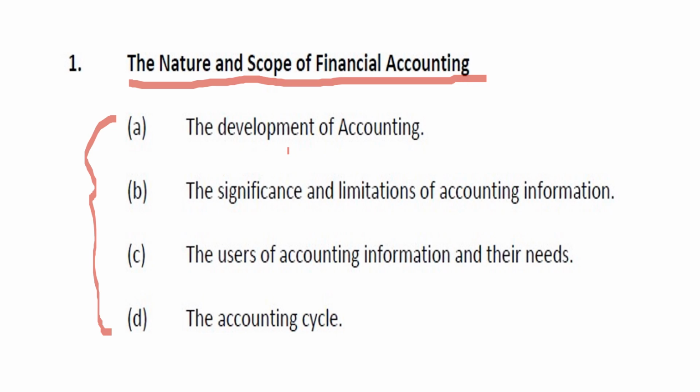Next, we have the significance and limitations of accounting information. Okay, this speaks for itself, how important it is, and what are the limitations of it, what it does, what the information does not convey. Third section deals with the users of accounting information and their needs.